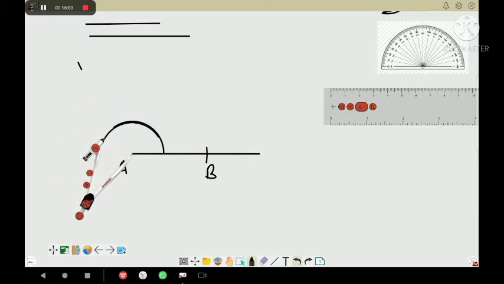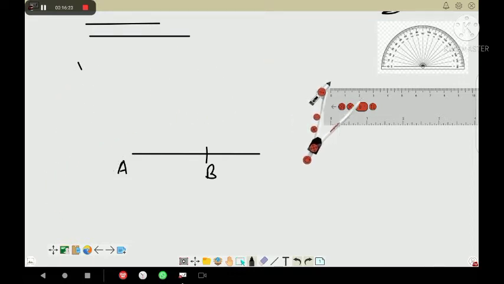So what is the procedure? First we take one arc, then similar. Okay, here it is difficult, so I draw here by protractor, but you will draw it by using only the compass.